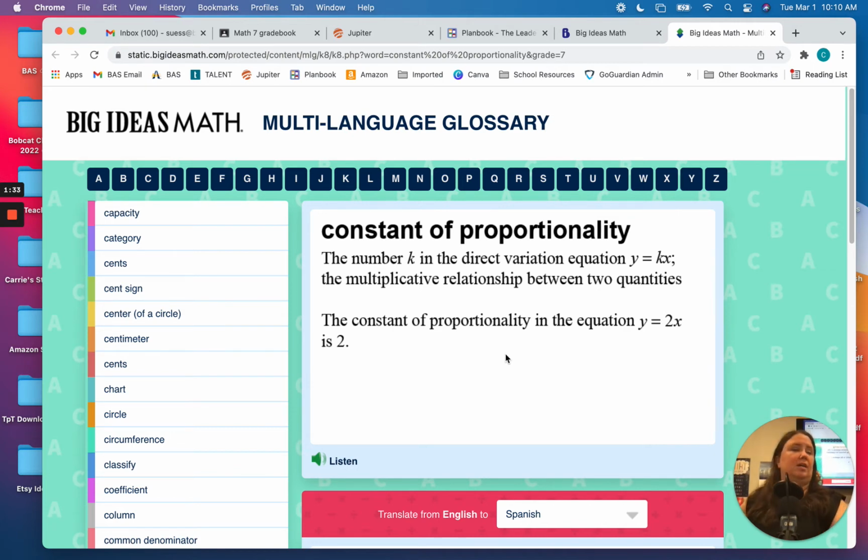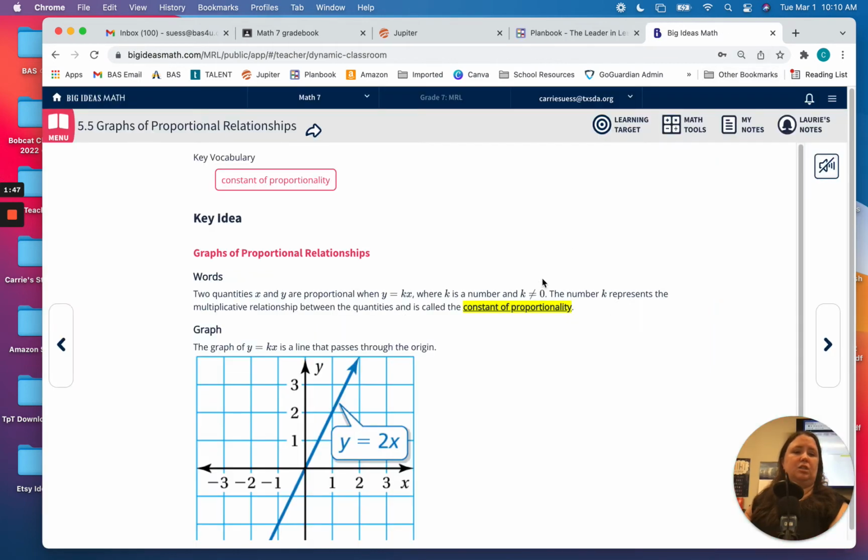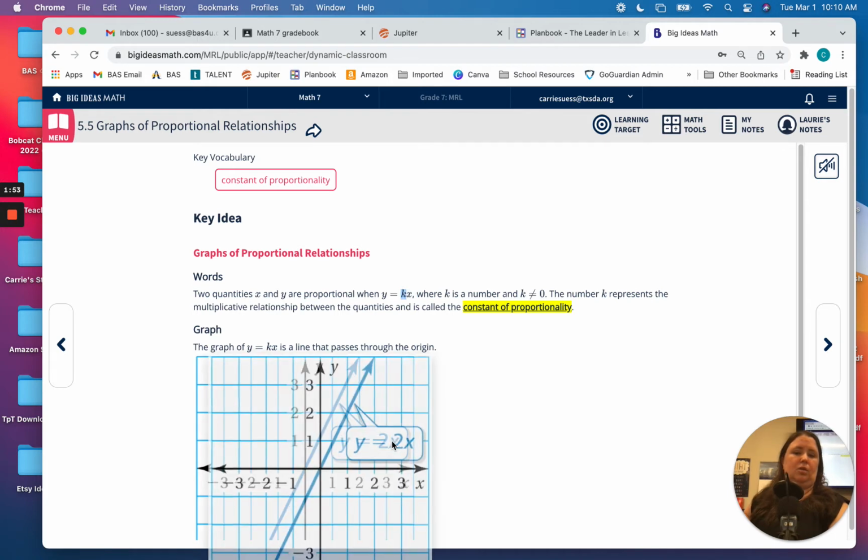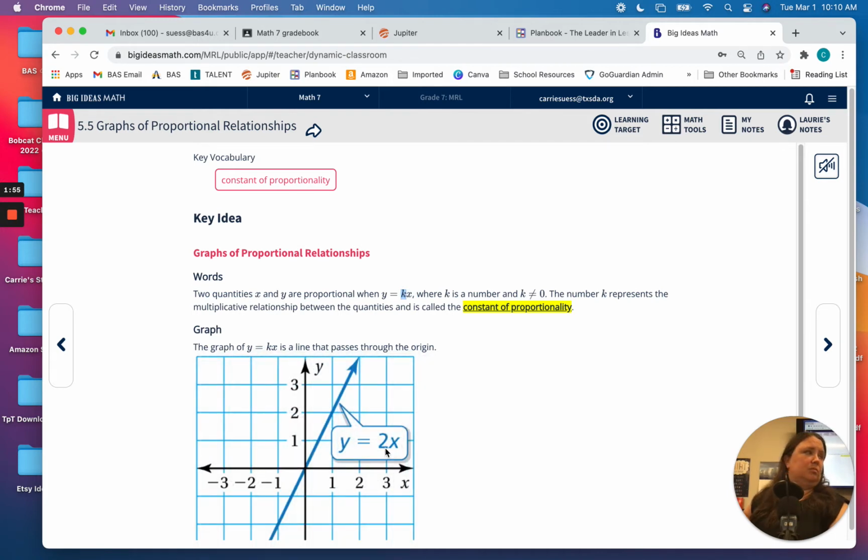So when you draw a line, it's got a specific slope, right? It's always the same slope. It's going to go up 1 over 1, up 1 over 1. That's a constant. The slope never changes. So the constant of proportionality is just telling you that. See how k is right here? It's telling you that this will always change by 2.